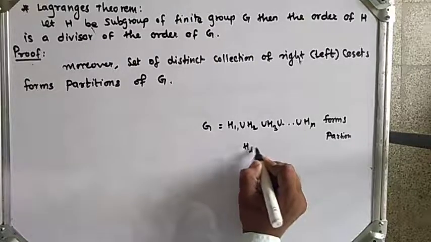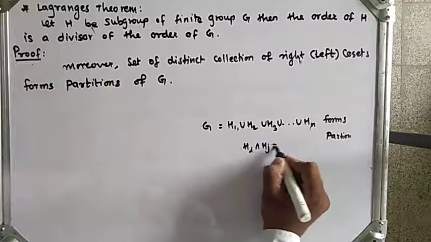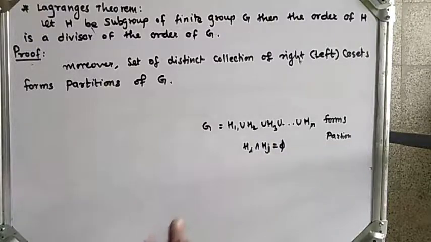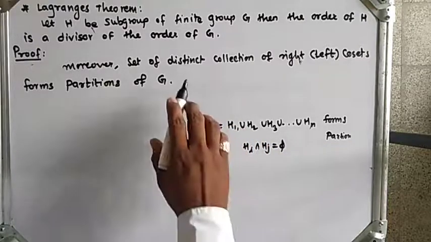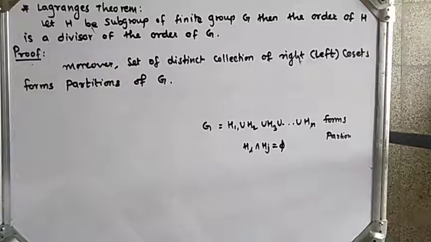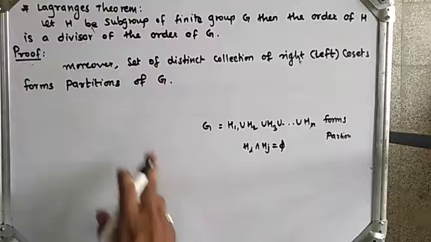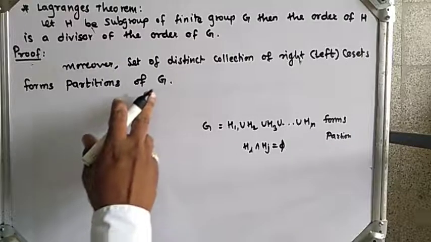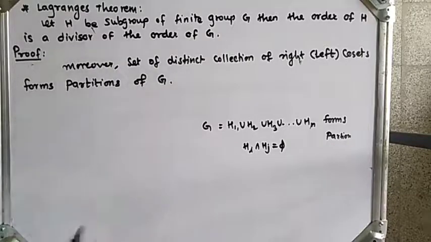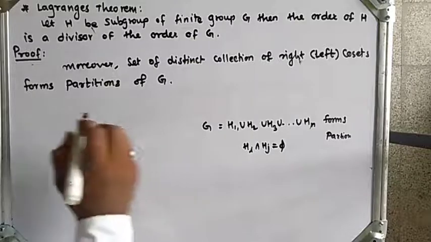So hi intersection hj is equal to phi. If HA is the right coset we have taken, it forms a partition, so their union forms the whole group G and the intersection will be empty.